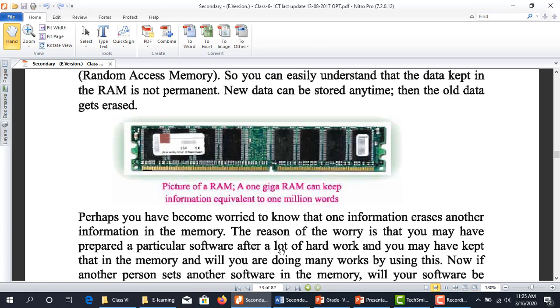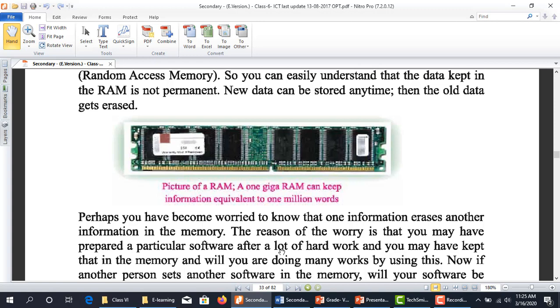That space is called the RAM. RAM is not a permanent memory, RAM is a temporary memory. So in the RAM we can process.